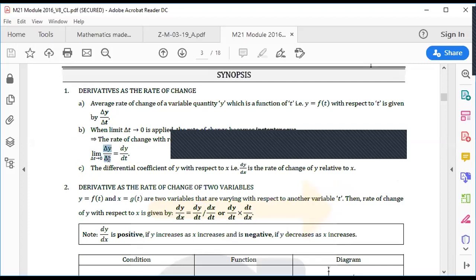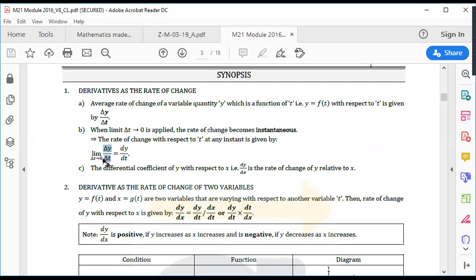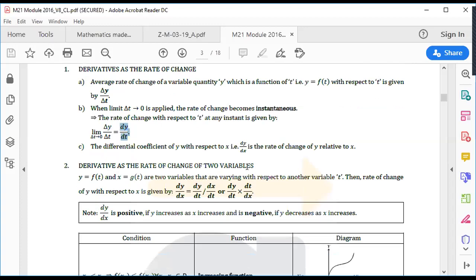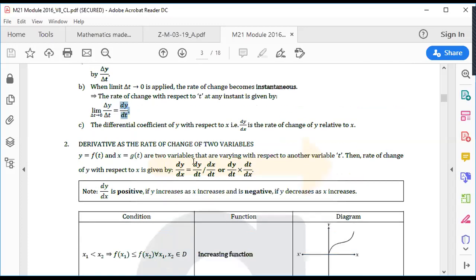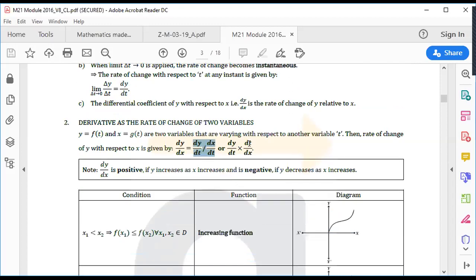Here delta y and delta t are separate, but when we are applying this limit, at that time, if we are taking them as separate small quantities and we are dividing them, or we are finding differentiation of y with respect to t and putting its value at that point, then both the quantities will give us the same result. So whenever I need, I can consider them separate quantities. Okay. So this is the case. So here dt will get cancelled out, and here we'll get dy by dx.